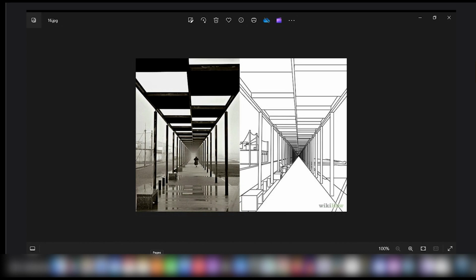So what is meant by one point perspective? Can anyone tell me what is meant by one point perspective? Anyone?